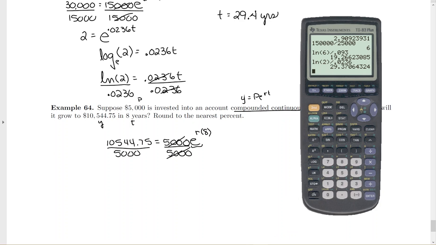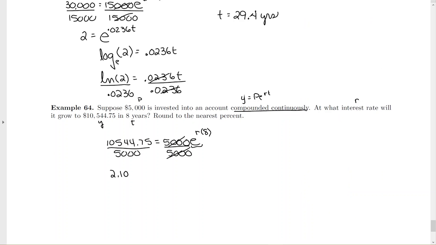And again, whatever it works out to be, hold all the digits on your calculator. So 2.10895 equals e to the r times 8, or 8r.